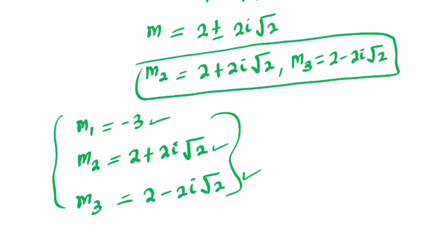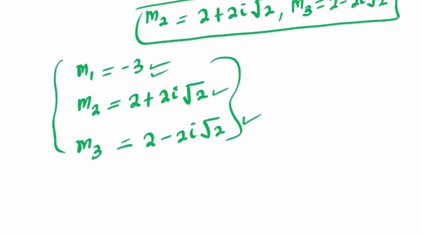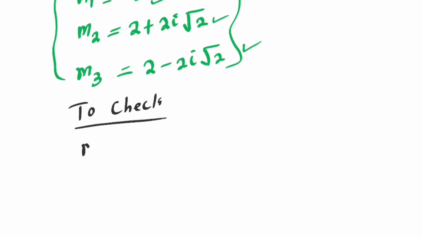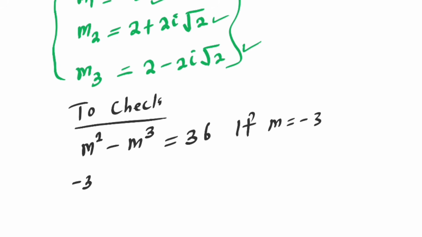We may check to confirm if our answer is right or wrong using this real root, which is m is equal to minus 3. To check, we have the given equation m square minus m raised to power 3 is equal to 36. Then if m is equal to minus 3, this is minus 3 square minus minus 3 raised to power 3 must be equal to 36.